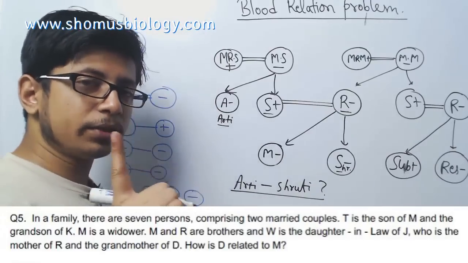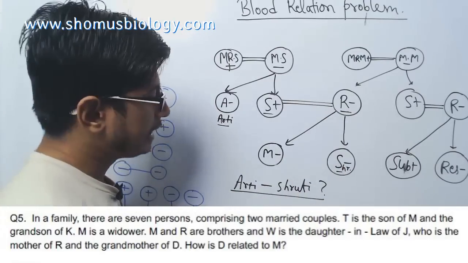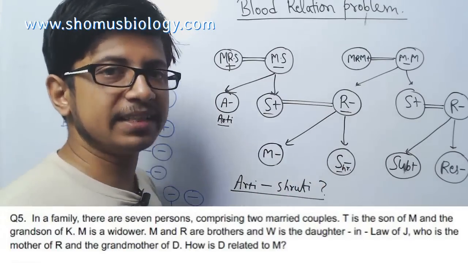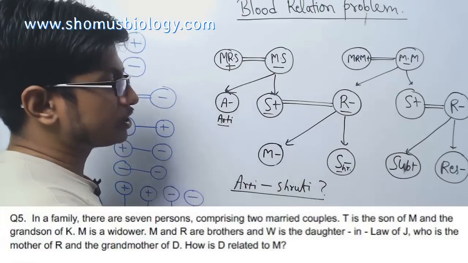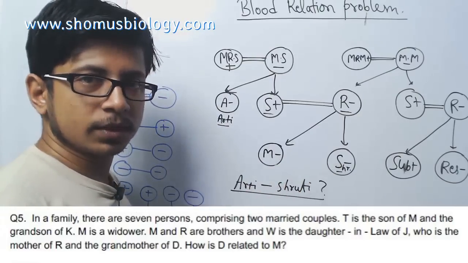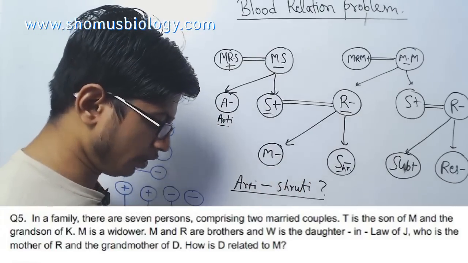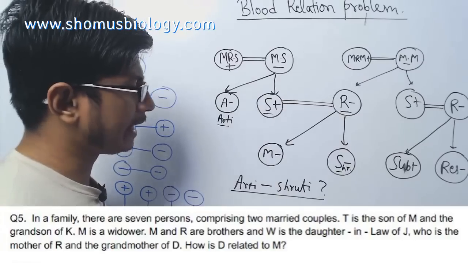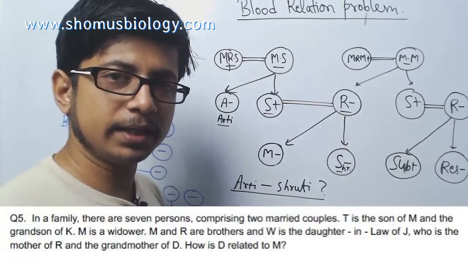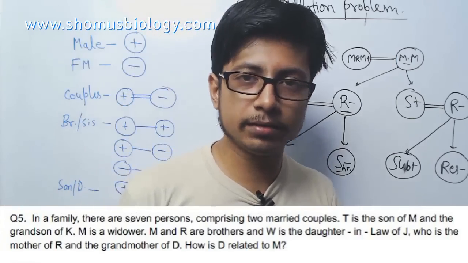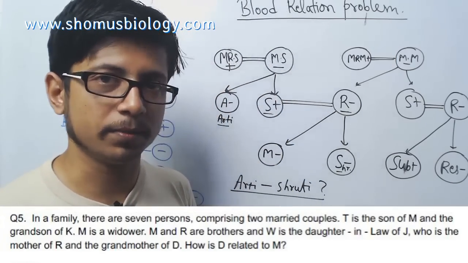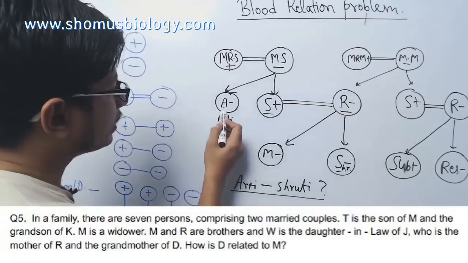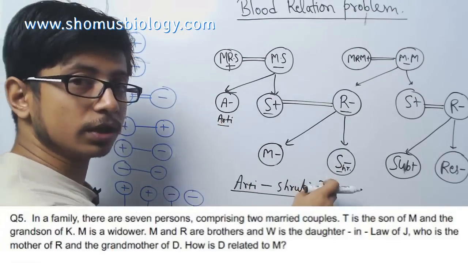Now the first thing you need to figure out to solve this type of problem is the generation gap and the link. Now Aarti is one generation above Shruti. So a relation one generation above always works in a way like father, mother, aunt, uncle. That's the way one generation of relations can be possible. In this case, Aarti is a girl, Shruti is also a girl.